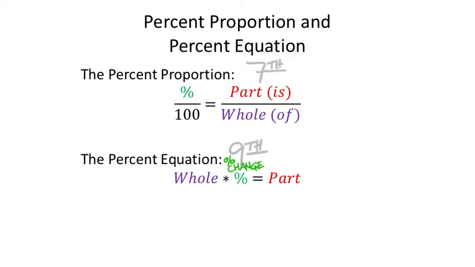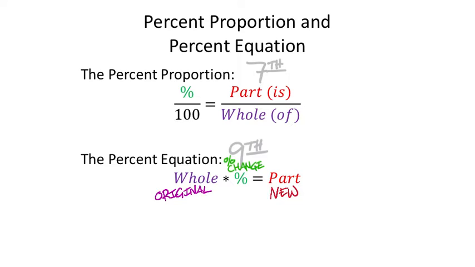For today's lesson, the problems that we're going to be seeing, the whole value is also like an original value or a starting value. And then the part will be the new value that they give us, okay?